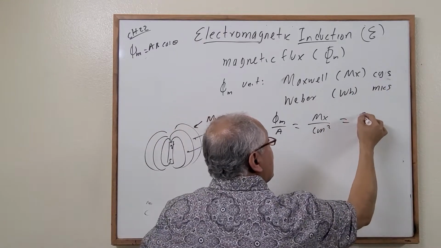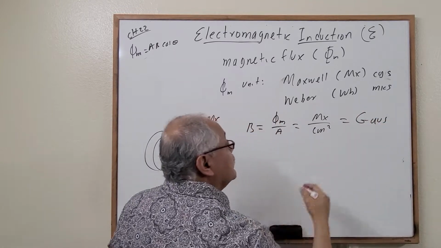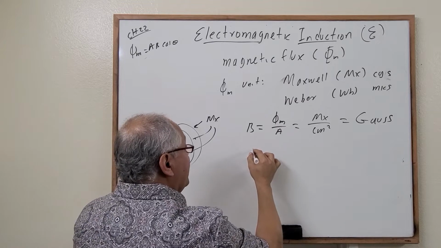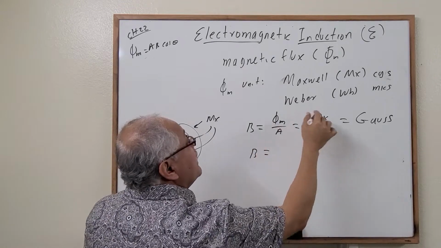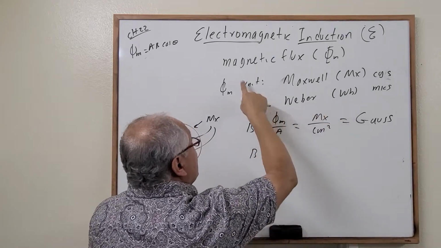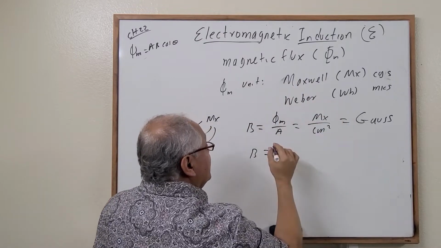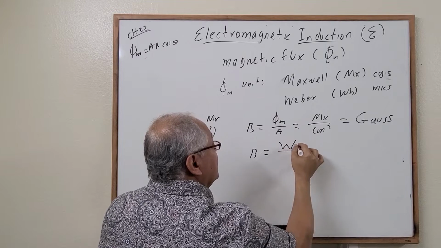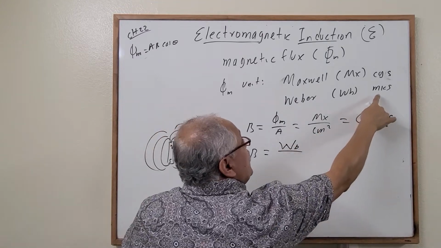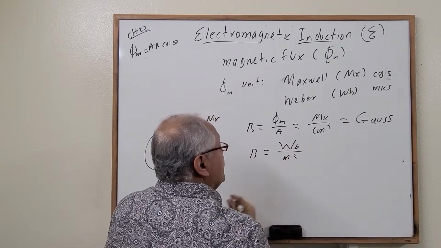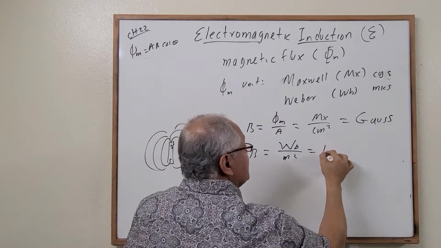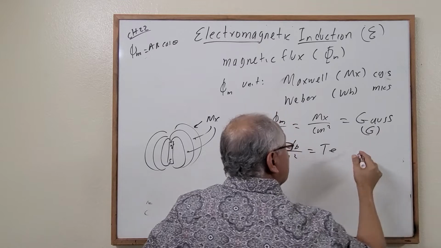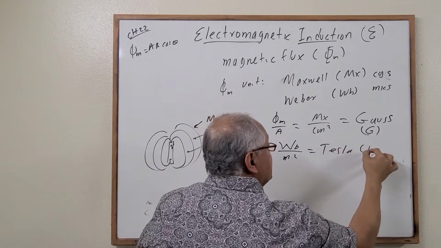These are called Gauss. Okay, if the unit for the magnetic flux is the Weber, correct? So in this case we are in meters squared. So this is Tesla. The symbol right here is G for Gauss, and T for Tesla.